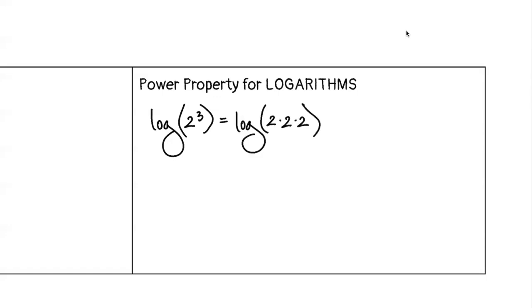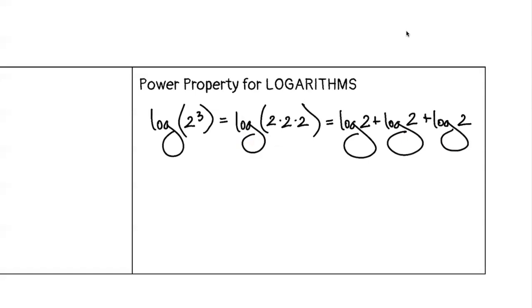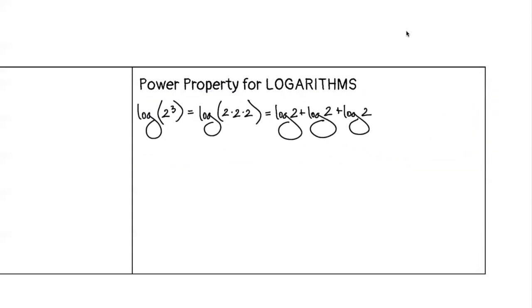According to the product property that we just learned, how could I expand this? Log 2 plus log 2 plus log 2. Perfect. How many of those log 2s do we have? Yeah, we've got 1, 2, 3.